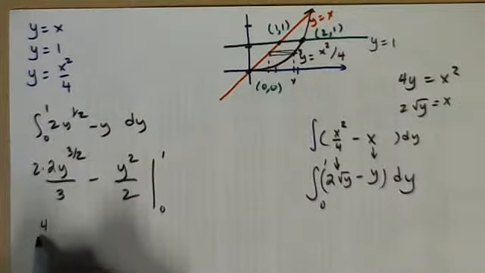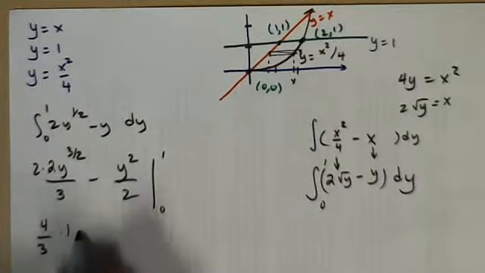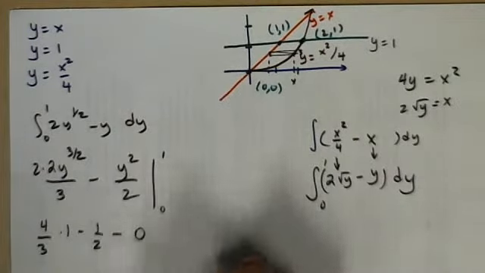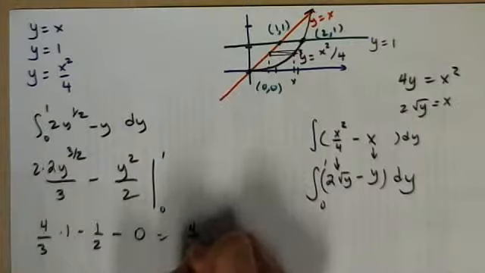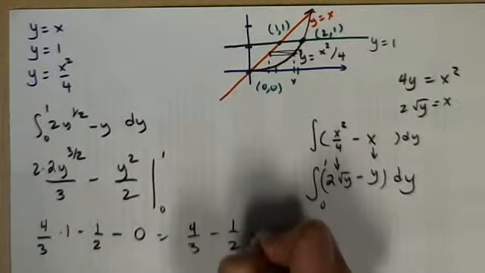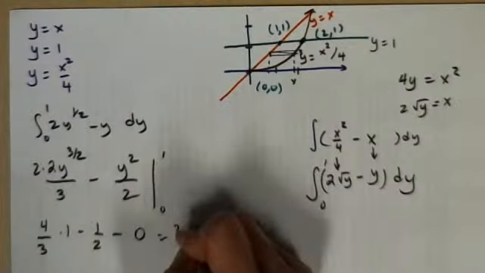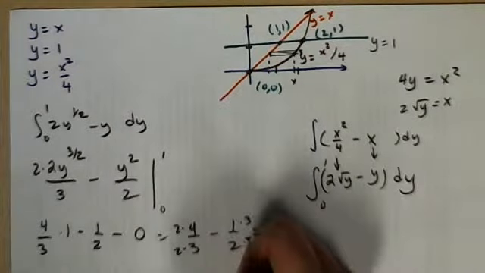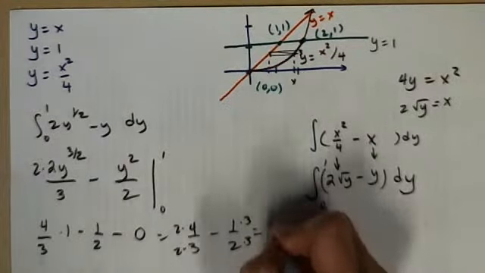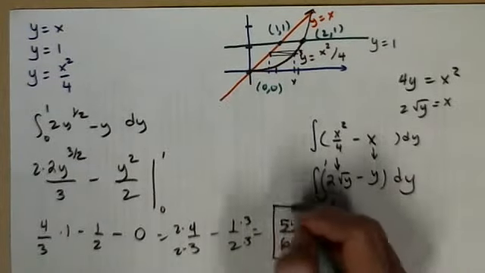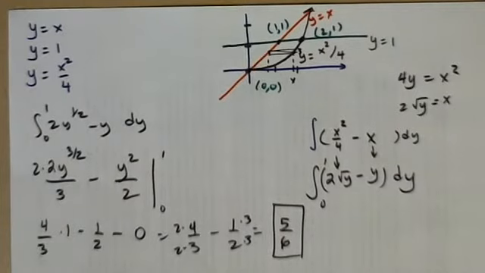What do I get? 4/3 times 1 minus 1/2. When I plug 0 in, everything is 0, so it goes away. So 4/3 minus 1/2. 8 minus 3 over 6, so 5/6. That's the answer I get for that one.